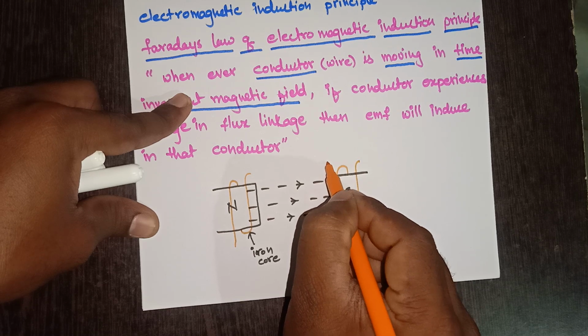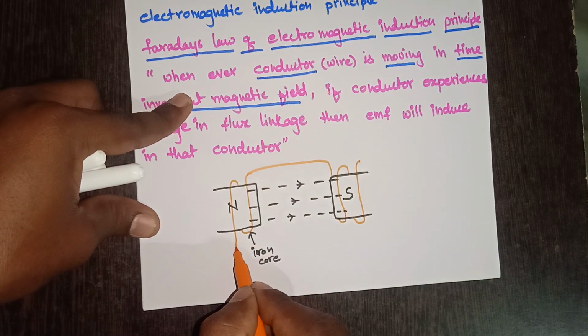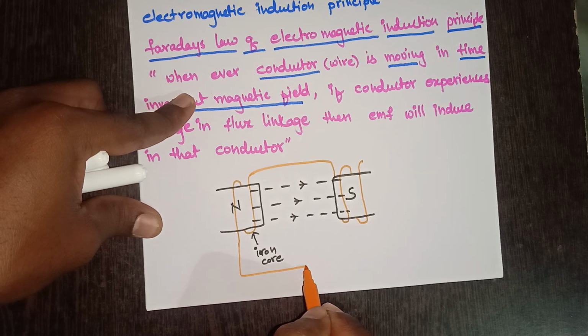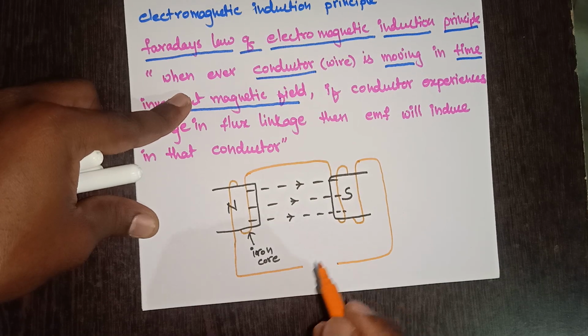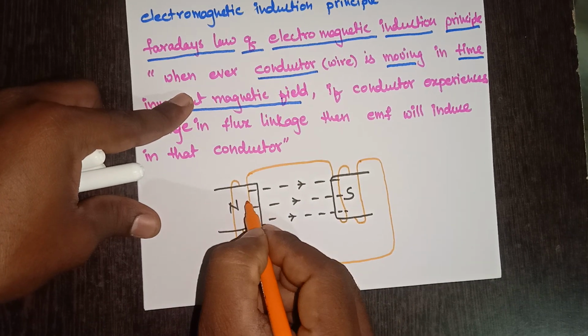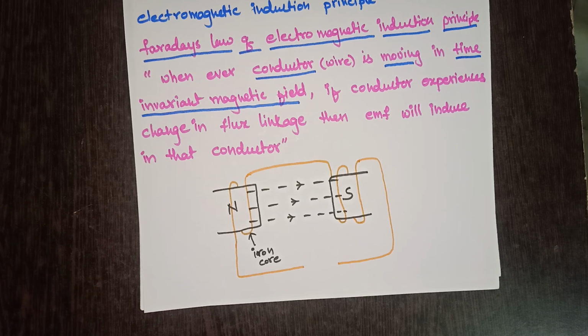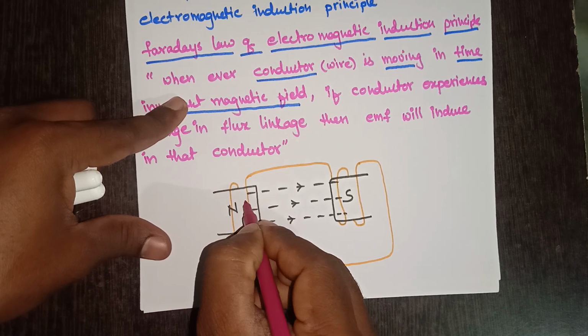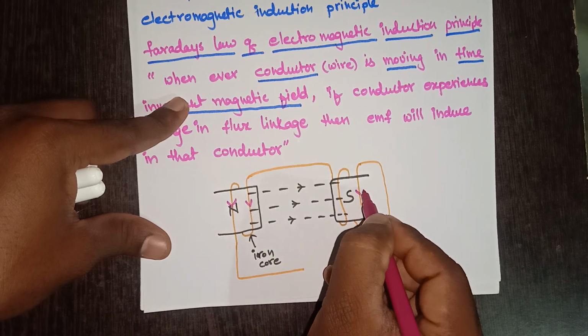This winding is joined like this, and the winding ends I am taking here. The current flowing through the winding is in this way, and here also the current is flowing in this way.